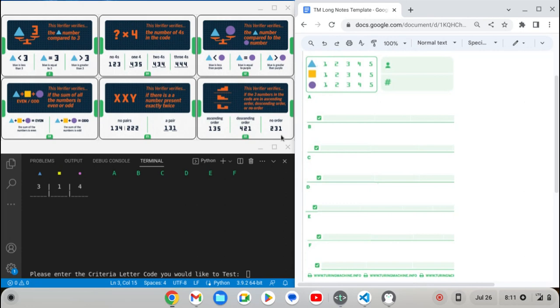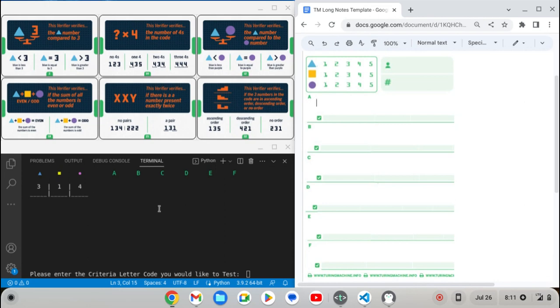And there have been other cases, specifically when 2 consecutive digits are equal. There's no change there, so that can also be defined as no order. And remember, the objective of today's puzzle is to find this unique 3-digit code that abides by all 6 criteria cards. And we're going to begin with an initial proposal of 314.